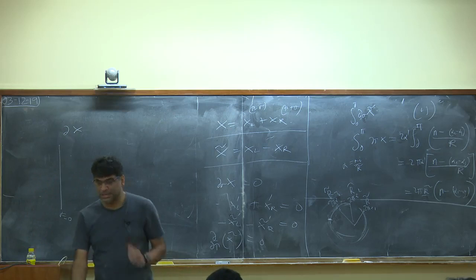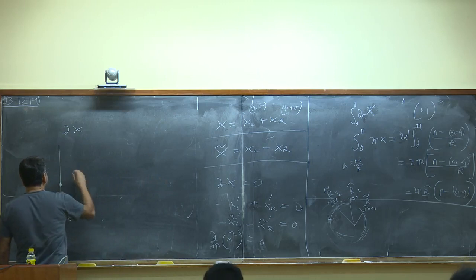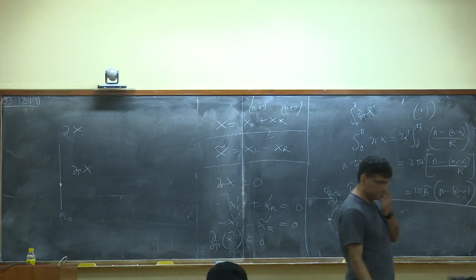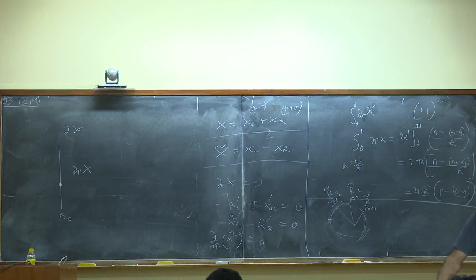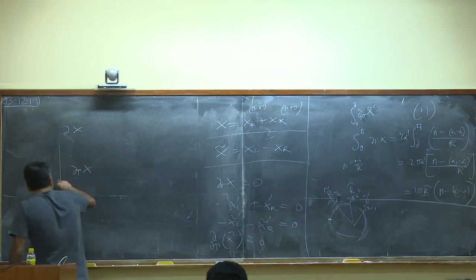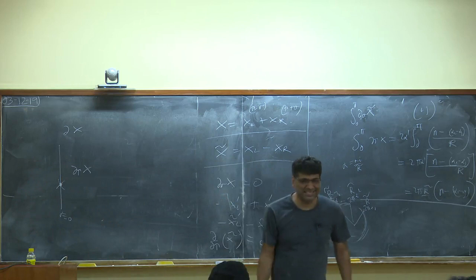Then the vertex operator lay on that boundary, and therefore was del tau of x. Del sigma of x was 0, so that couldn't have been the vertex operator. That was a Neumann boundary condition. But del tau of x, the derivative along the boundary, was non-zero. That was the usual vertex operator in open string theory, inserted, remember, on the boundary. These were the vertex operators dual to the open string states.